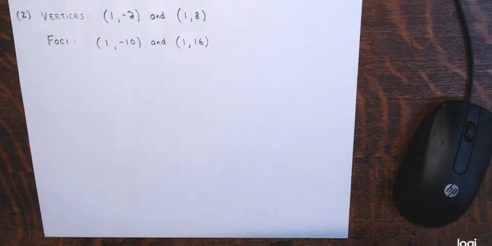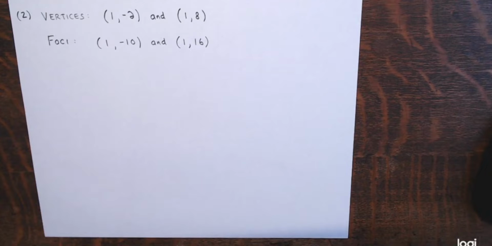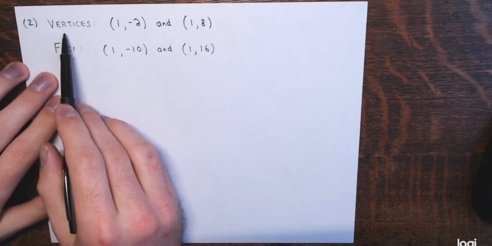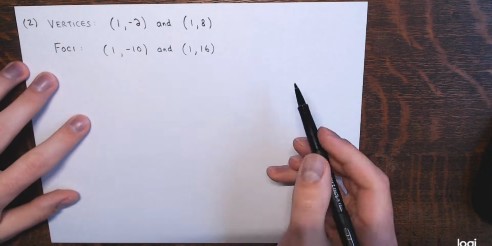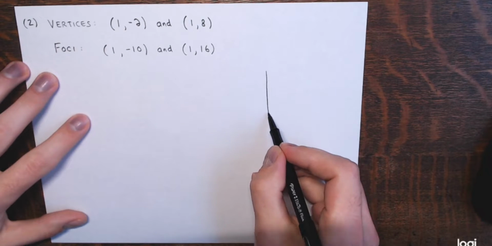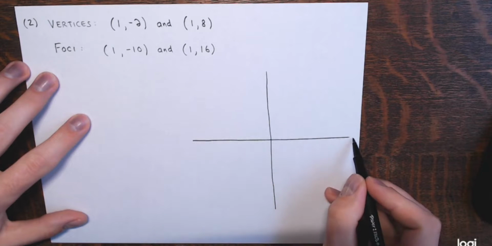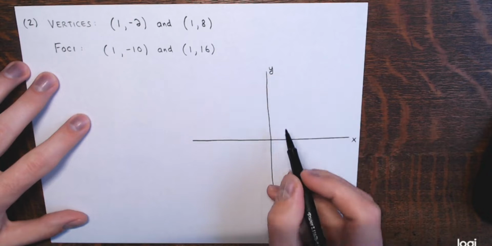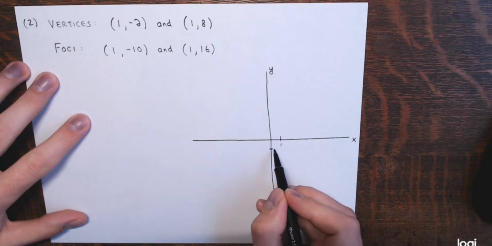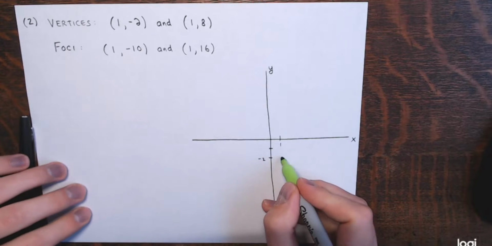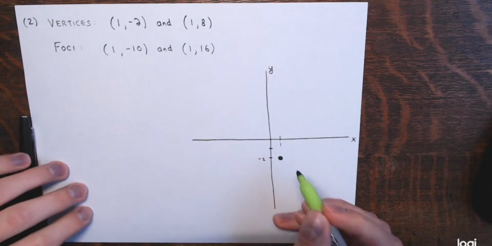And again, and I'll draw it out, do all the same stuff I just did. So here, the vertices are 1, negative 2, and 1, 8. And I'll start drawing it over here. So 1, negative 2, there's a vertex, a point that's actually on the hyperbola, actually satisfies the equation we'll draw.